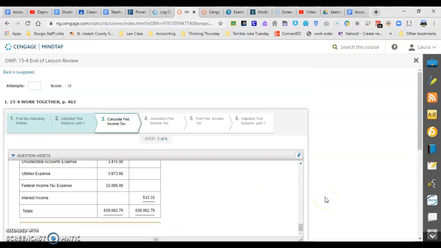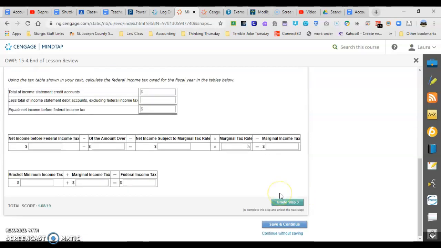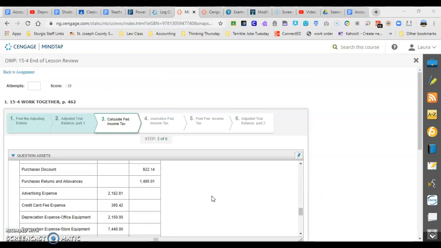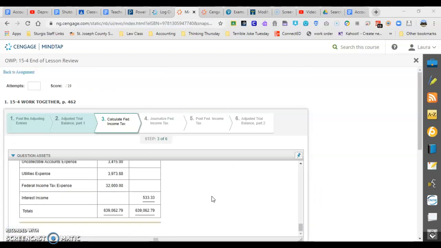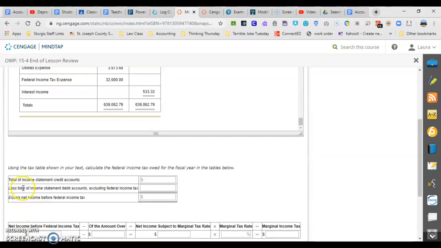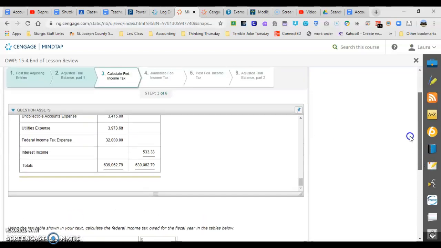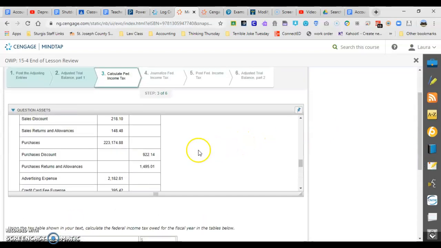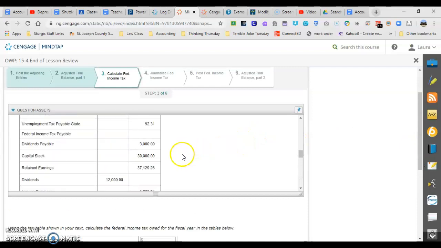Okay, so now down here, it says total of income statement credit accounts. So let's look at your income statement accounts. Income statement is revenue minus expenses, right?